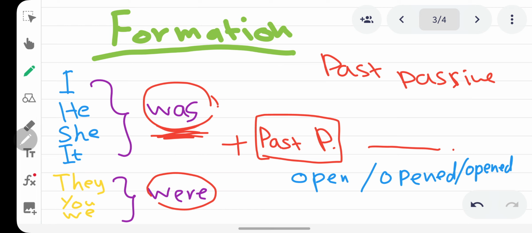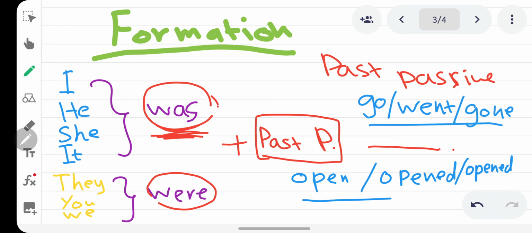We have also irregular verbs, like go: we have went in the past, and the past participle of go is gone. Now this is an irregular verb and this is a regular verb. So there is no rule for it. You have to memorize it. Now we go on to some examples.